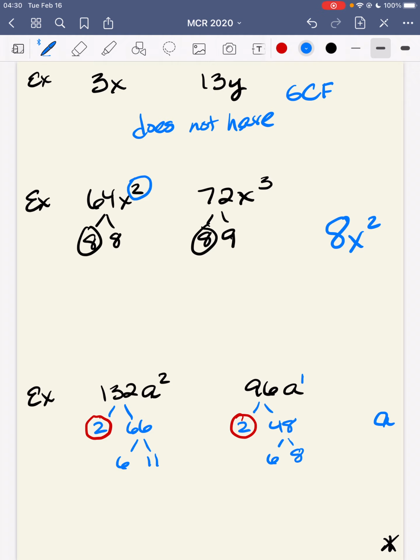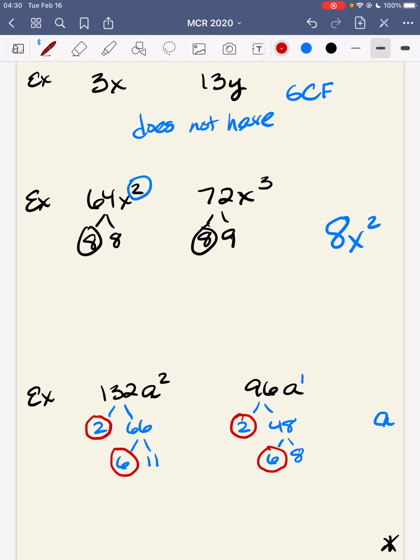Okay. And here we have matches again with 6. I don't have to break it down any further if it appears. Now, if you didn't see the 6 and the 48, that's fine also. All right. And we're going to go ahead and use that to help us out.